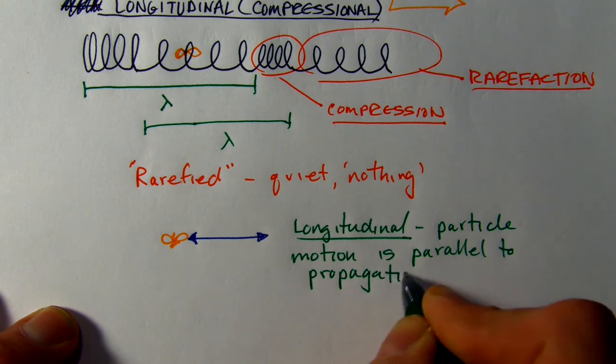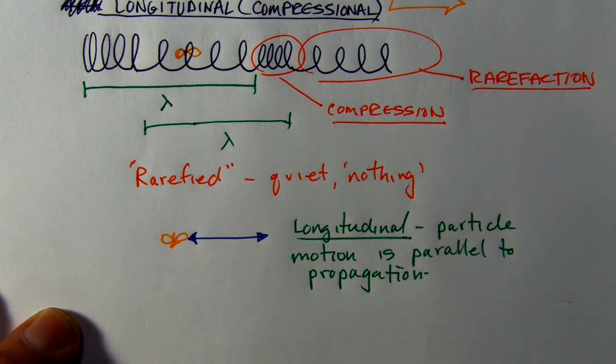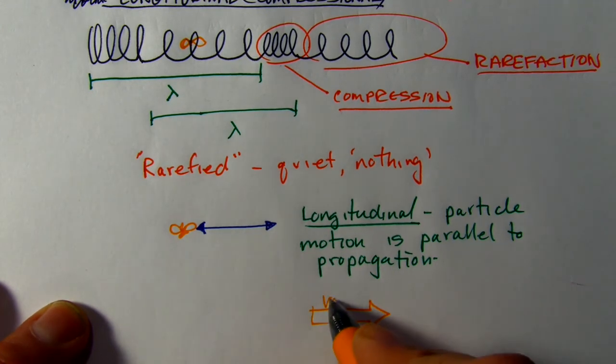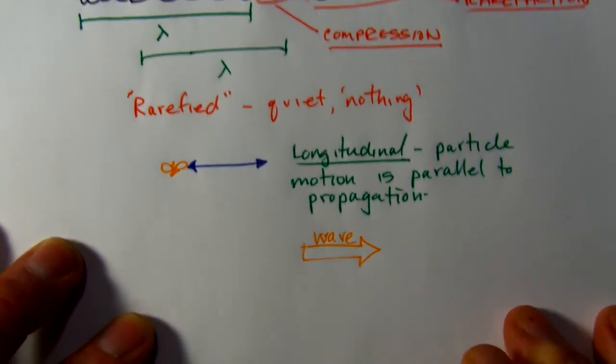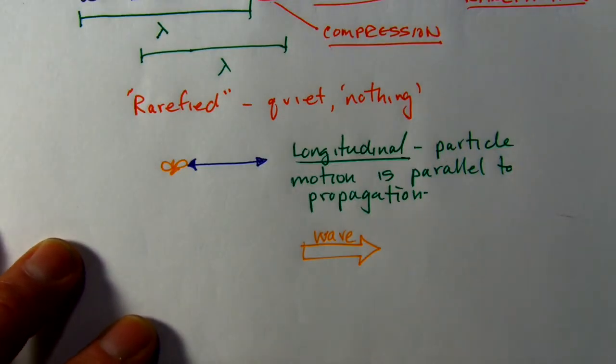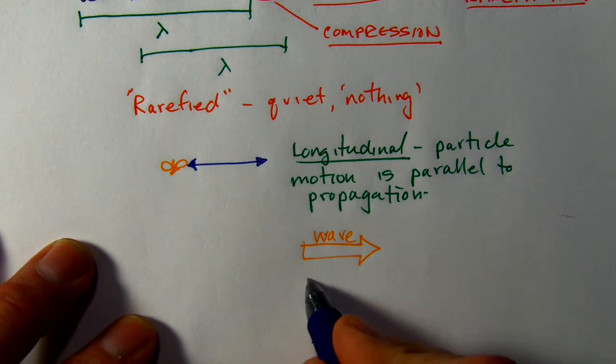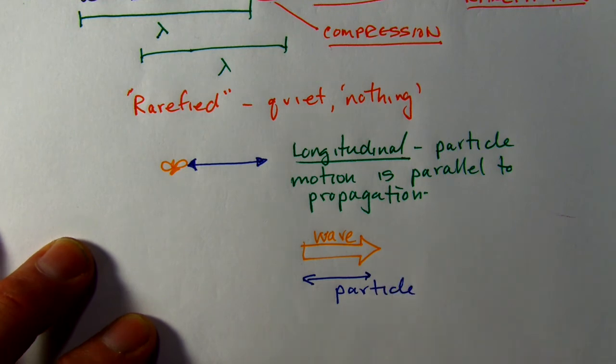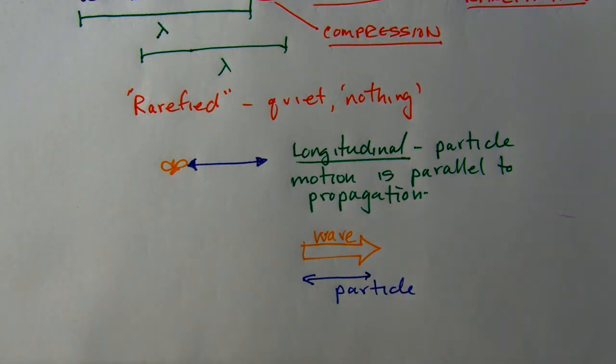In other words, if the wave is going one way, then the particles that comprise that are also going that way, but this time they're going back and forth. Okay, so this is the particle motion. Okay, so those are the two basic types of waves, and we can talk more about water waves, earthquake waves, and so on. I think we'll find a video that does a much better job, or an animation anyway, but those are the two basic types of waves.